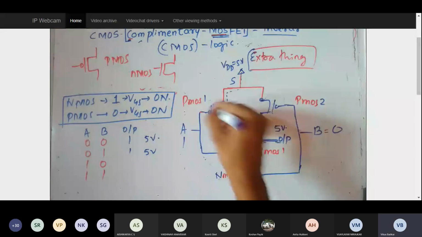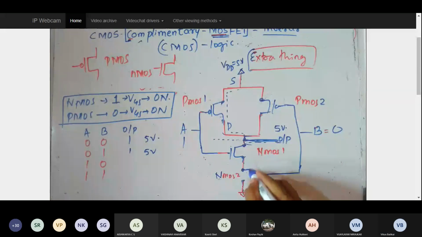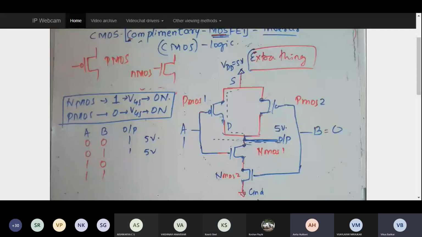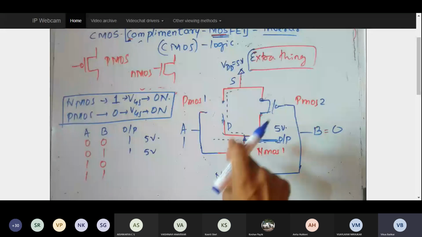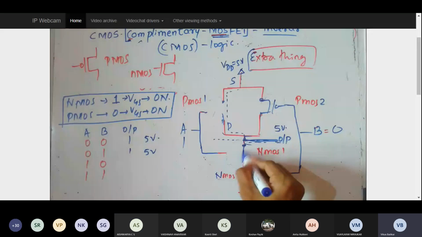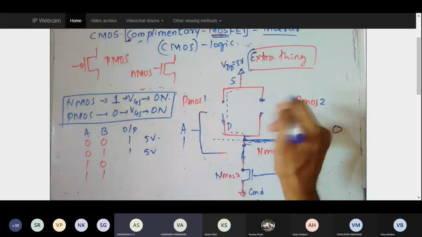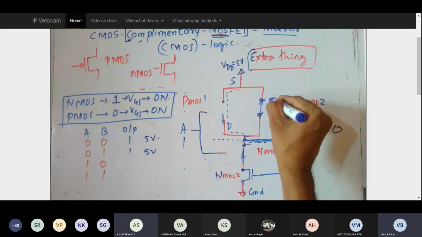Now tell me what is going to happen. Which all MOSFETs are going to turn on? A is 1. PMOS 1. What is the status of PMOS 1? Off. No connection. What about NMOS 1? On. That's connection. What is the status of PMOS 2? On. And what is the status of NMOS 2?